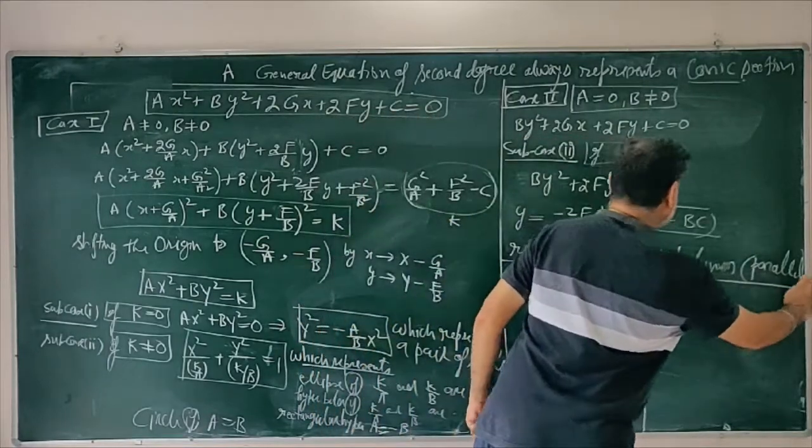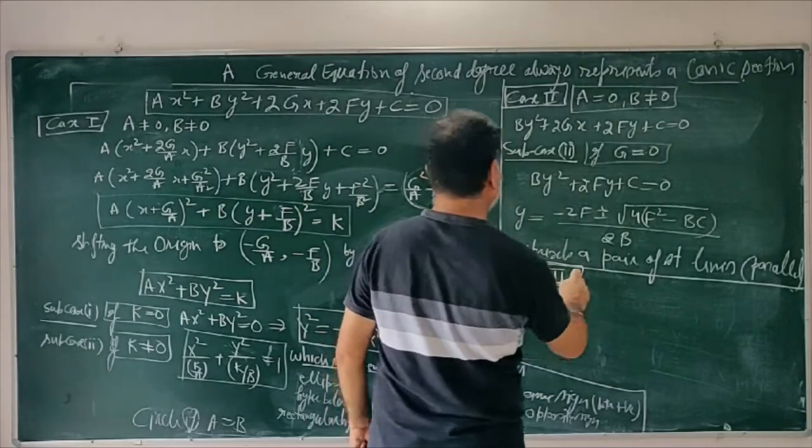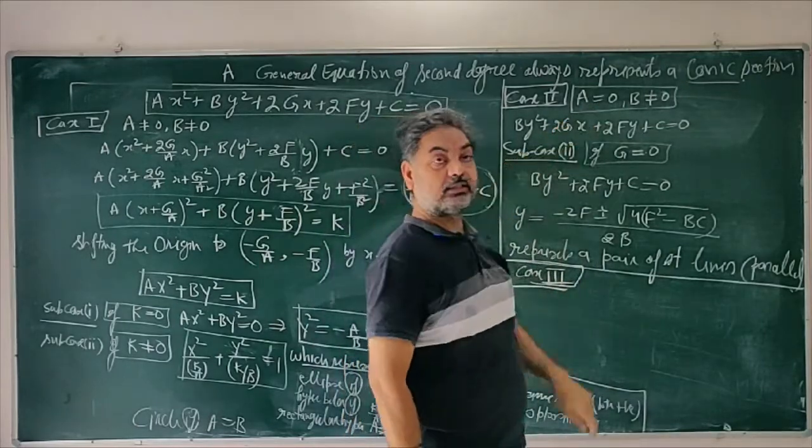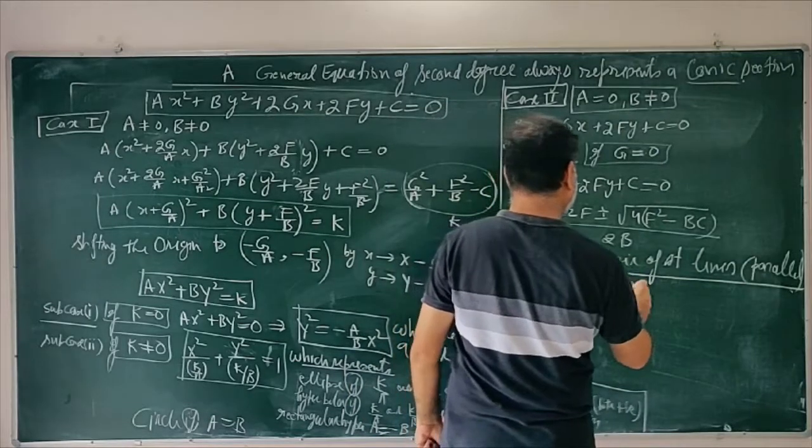Third case is case 3, when A is non-zero and B is zero.